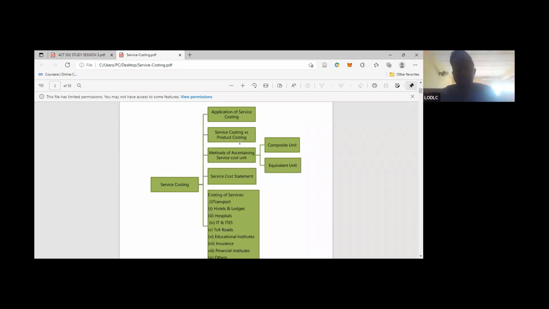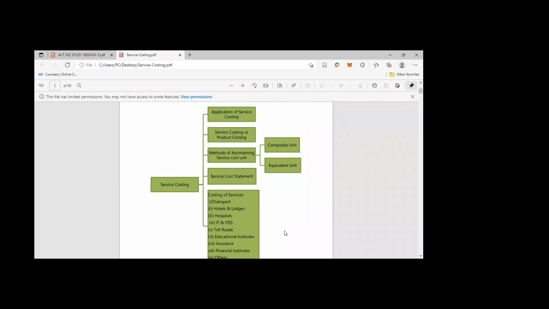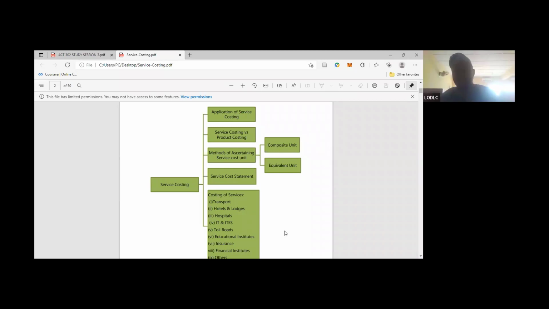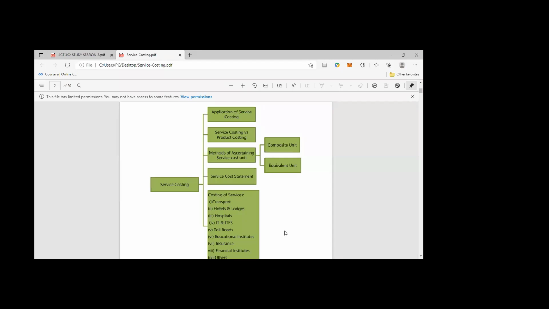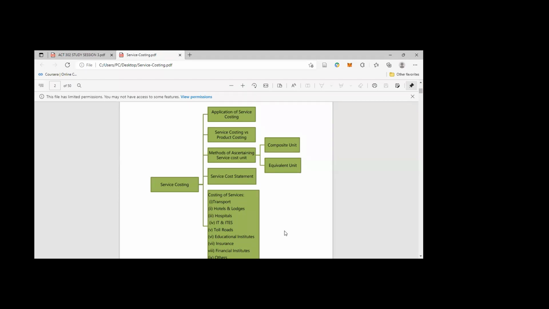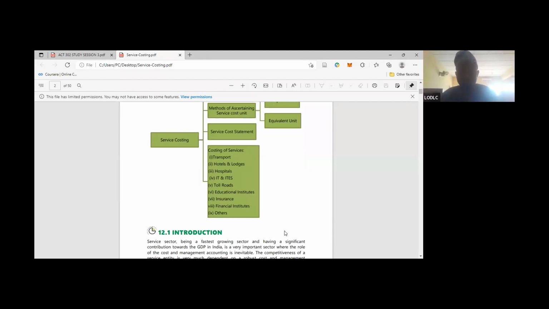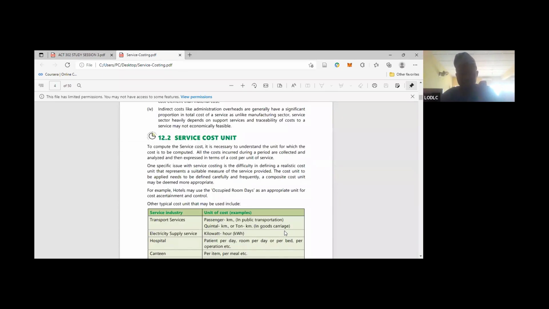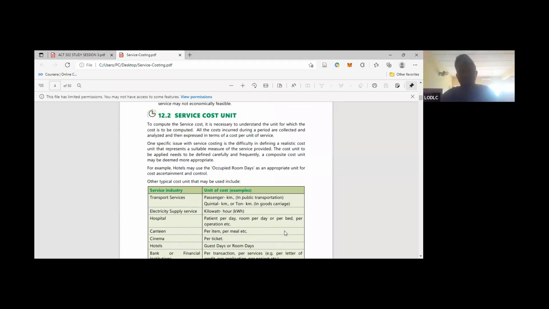And I said, the method of ascertaining the service cost unit needs to be understandable. And in this particular area, we have just two methods. We have the composite unit method and we have the equivalent unit method. Once you understand what composite and equivalent units are all about, you should be able to know exactly what unit of cost should be associated with a particular service industry.